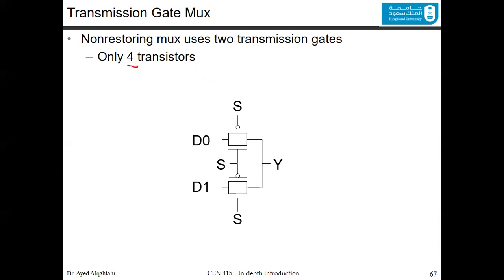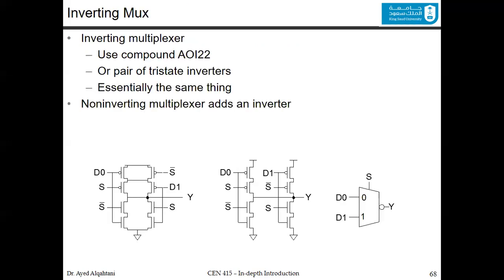Okay, but again, the same problem. It's a non-restoring design. So what to do? There are other ways of doing the multiplexing and making sure it is also a restoring design. For example, we have an inverting mux.